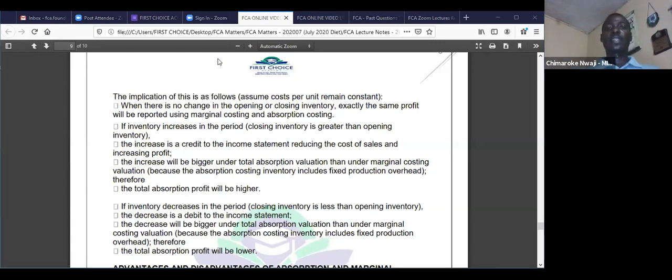Then, looking at closing stock, the higher your closing stock, the lower your cost of sales. The higher your closing stock, the higher your profits. So this is something that you should also know.